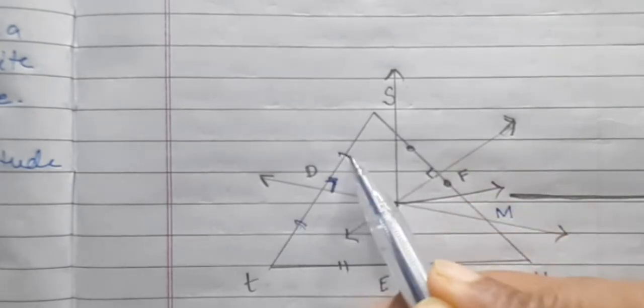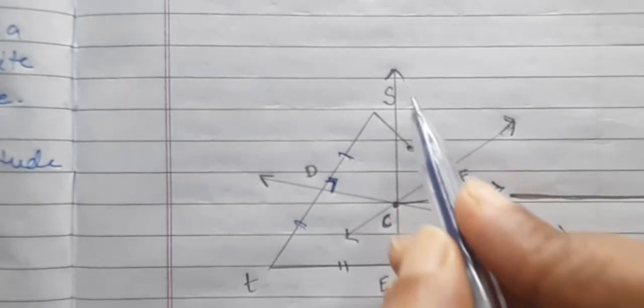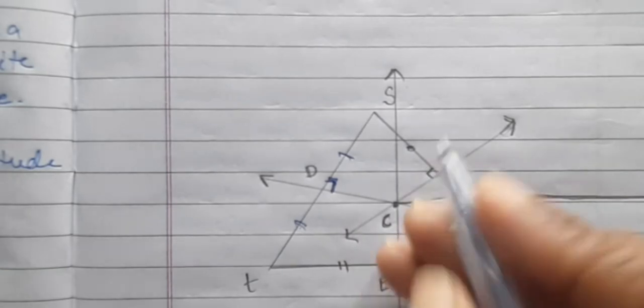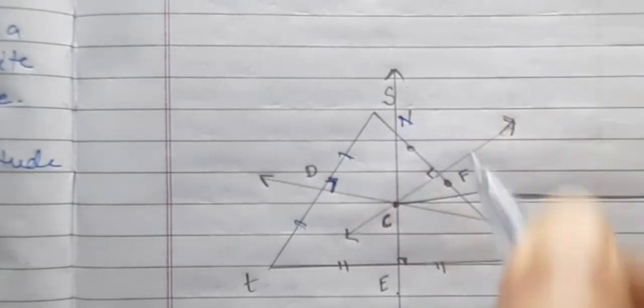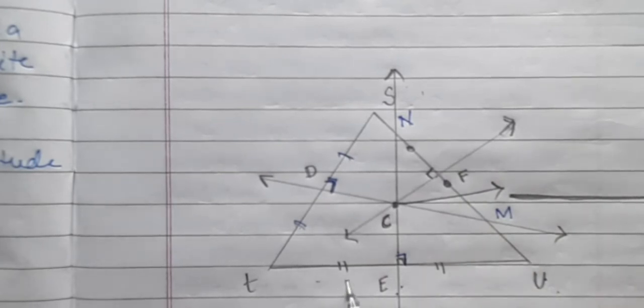Similarly, this line, I'll name it as EN, is perpendicular to TU, and this NE is dividing TU into two equal parts, that is TE is equal to EU.